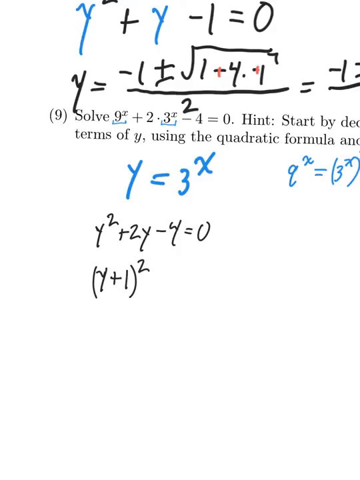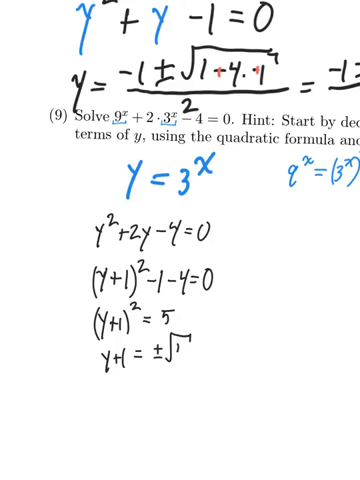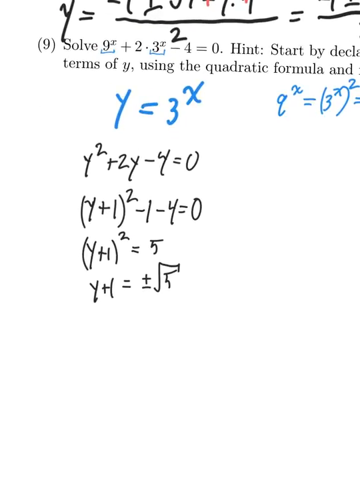So I need to subtract that 1, minus 4 equals 0. Oh, okay, well that's easy to work with now. y plus 1 squared equals 5. y plus 1 equals plus or minus the square root of 5. y equals negative 1 plus or minus the square root of 5.